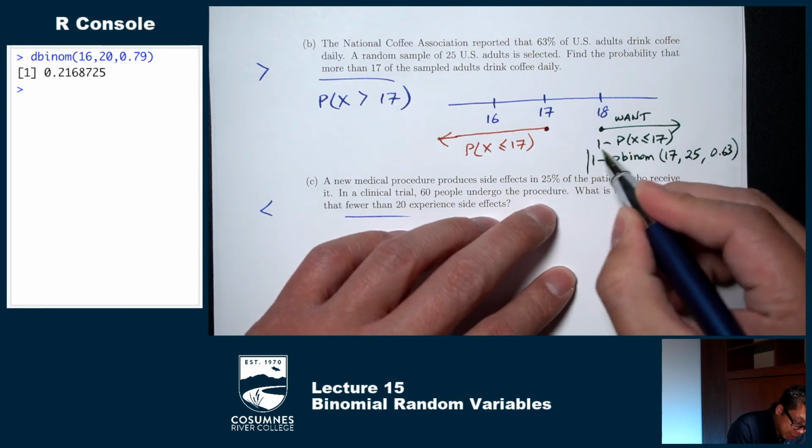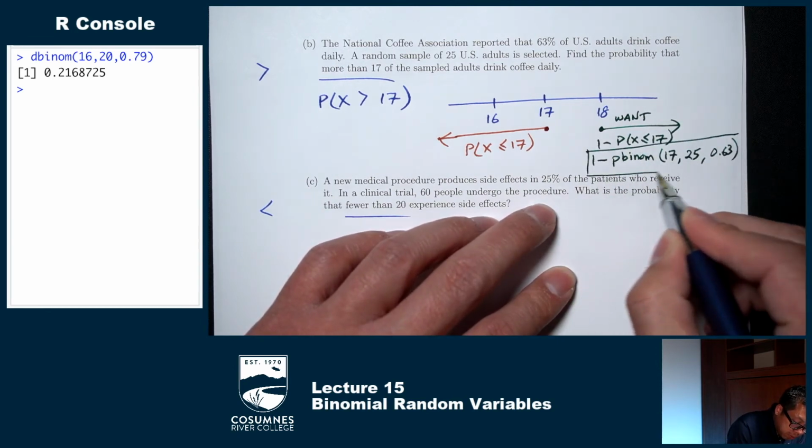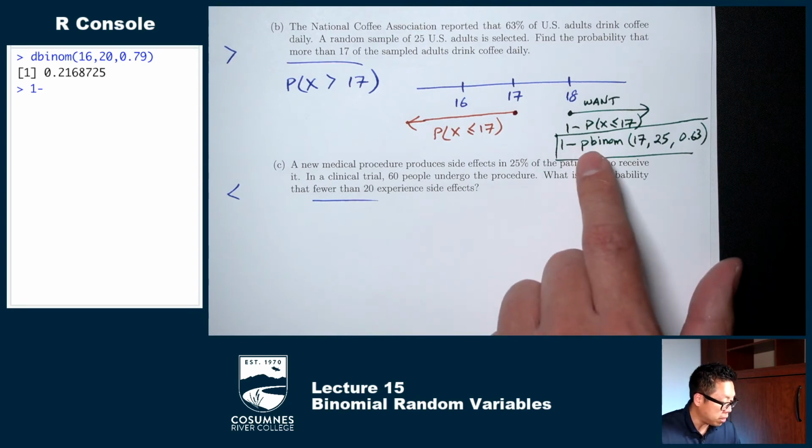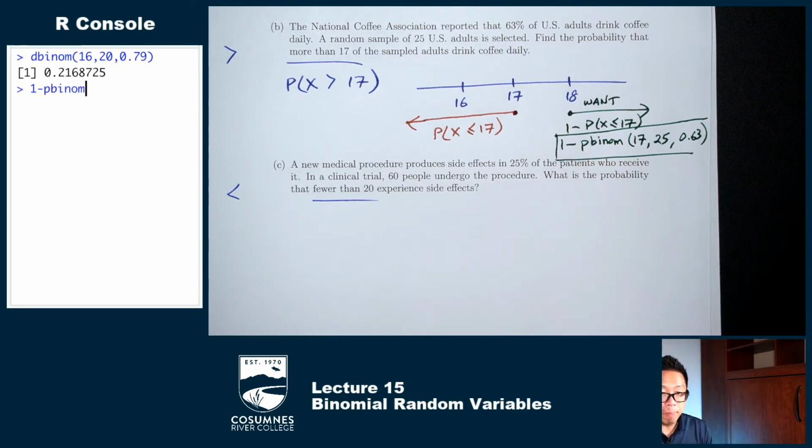Okay, and that's what you're going to type into R, including that 1 minus. So we're going to type into R 1 minus. Be careful that this is a pbinom now. Parentheses, 17, comma, 25, comma, 0.63.